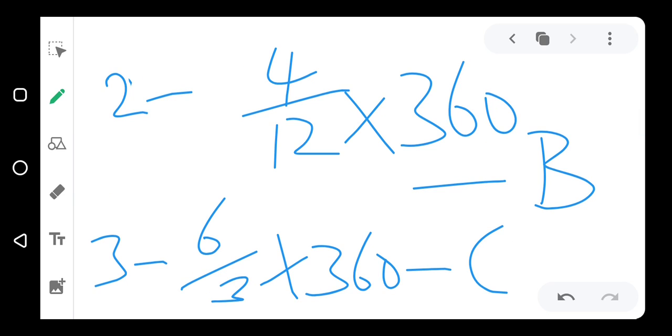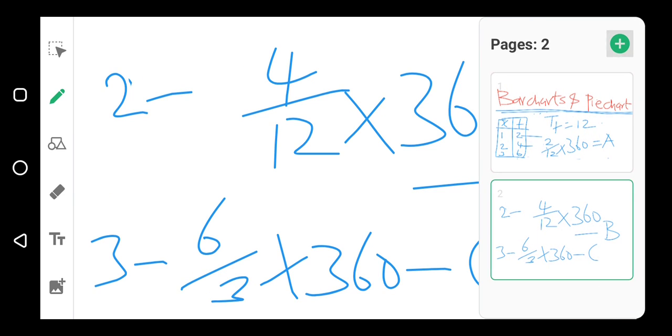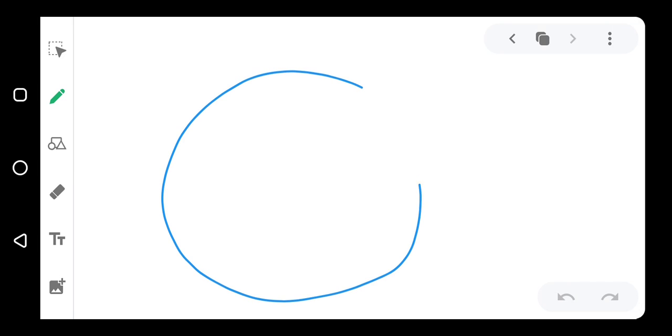So now we draw the pie chart for this. In the pie chart we are going to draw, we have something like this. Let's say the angle that we got for the first one is this.